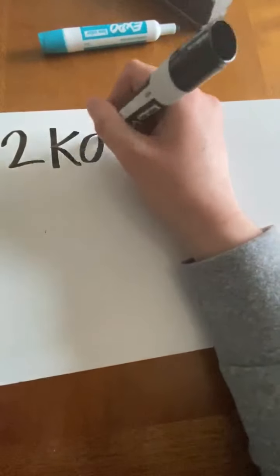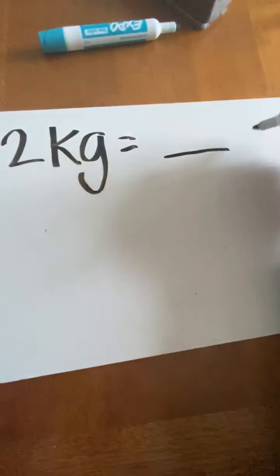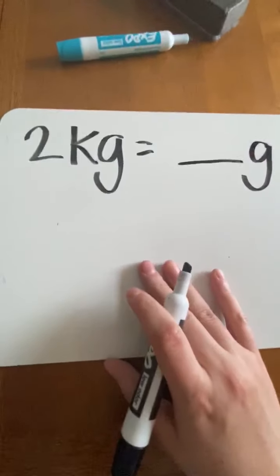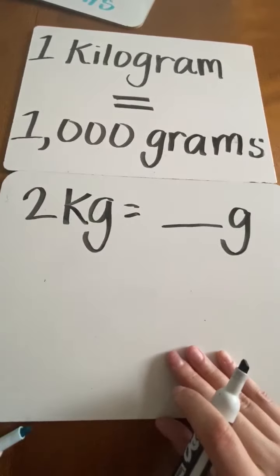So now, I'm going to erase my board. Okay, if I had 2 kilograms and I wanted to know how many grams it equaled, well, I'm going to keep in mind, remember, 1 kilogram equals 1,000 grams.